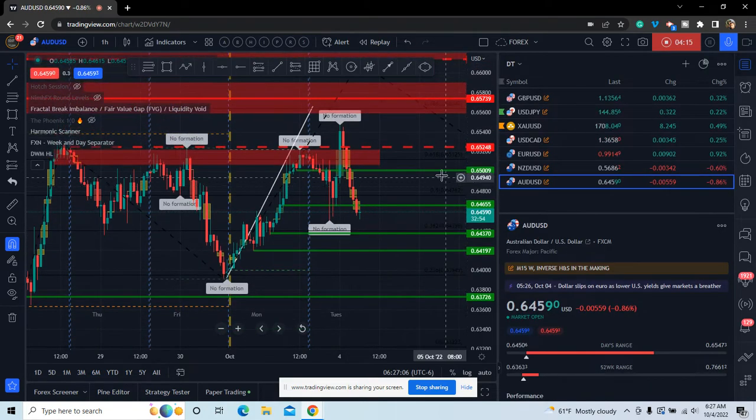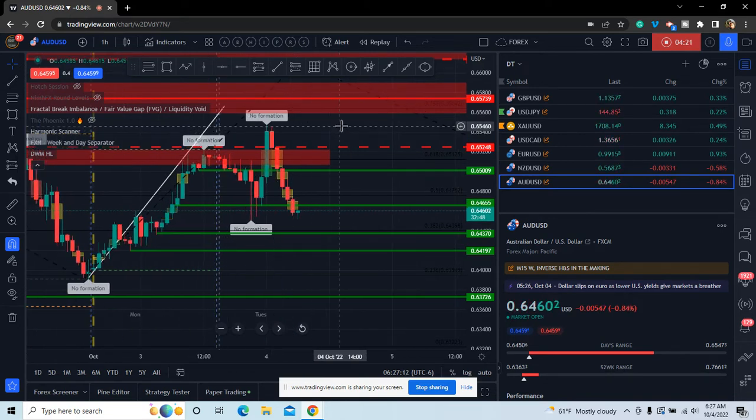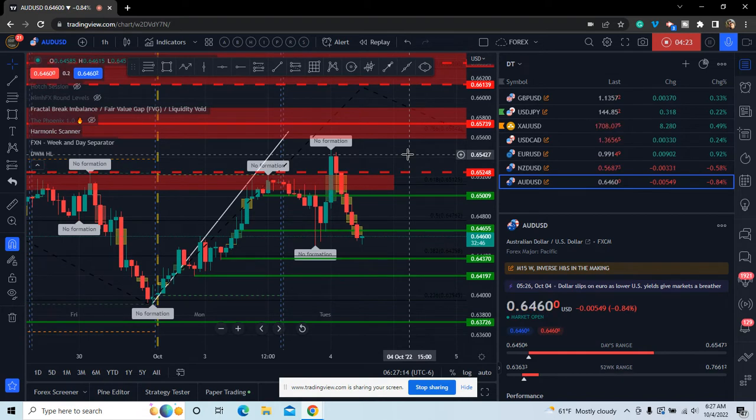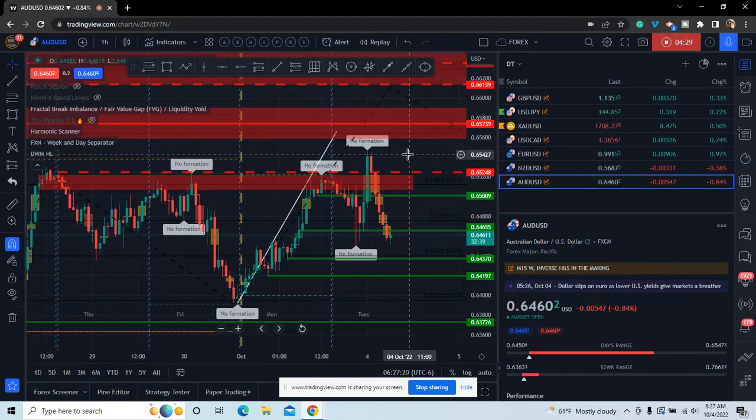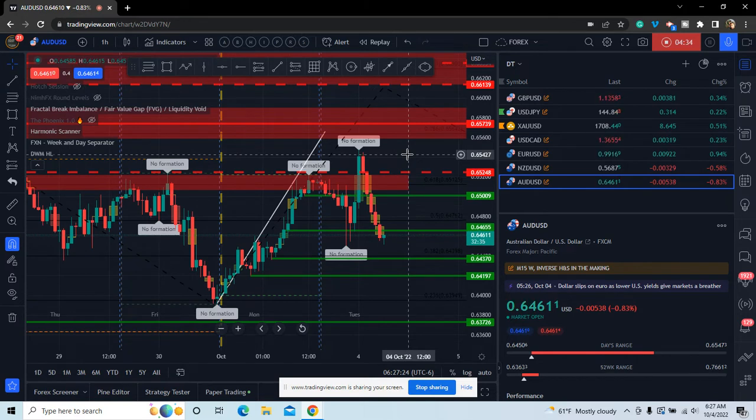So on the pairs, starting with the Aussie, we've had the RBA hiking interest rates by 25 basis points, but pointing to a slower approach. Lowe said that they've already hiked steeply and fast enough, so this has put an offer into the Aussie.